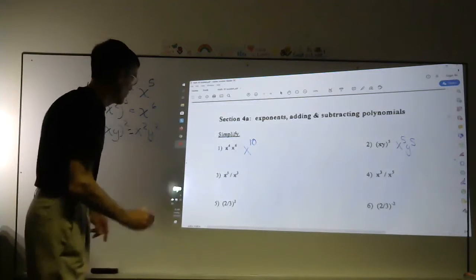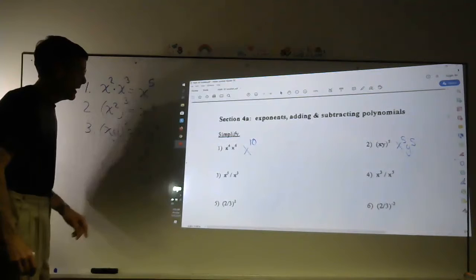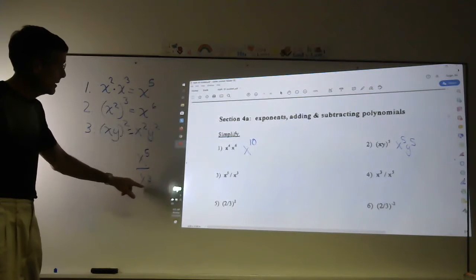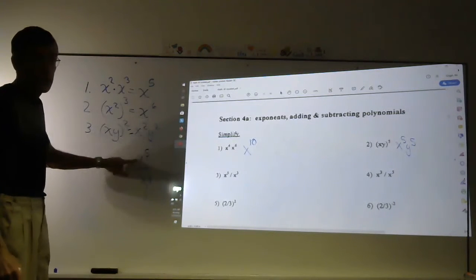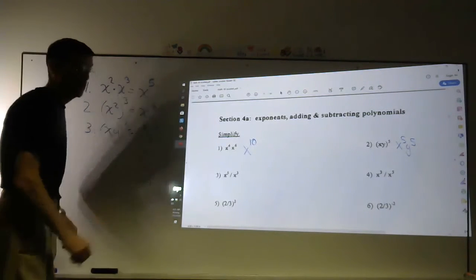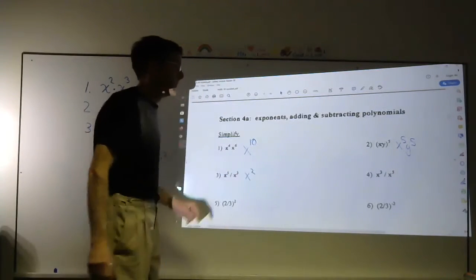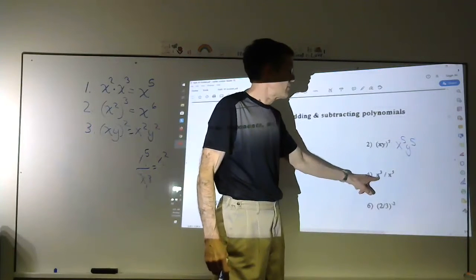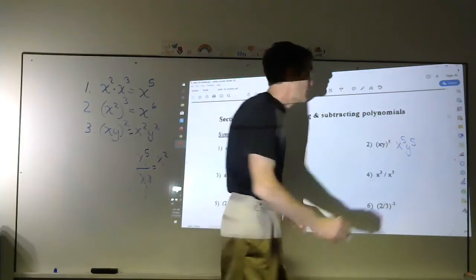If you have 5 x's on top of 3 x's, can't you cancel? Like reducing fractions? Can't I kill 3 x's on the bottom and 3 x's on the top? How many are left? Isn't it x squared on the top? So this answer is just x squared. But this one, if you cancel 3 x's on the top with 3 on the bottom, you're left with 2 x's, but aren't they on the bottom?